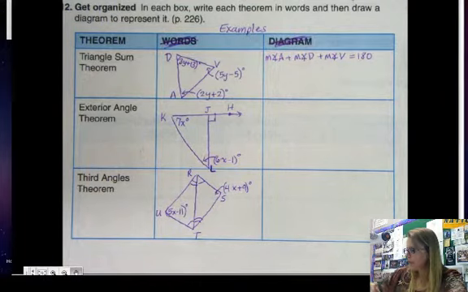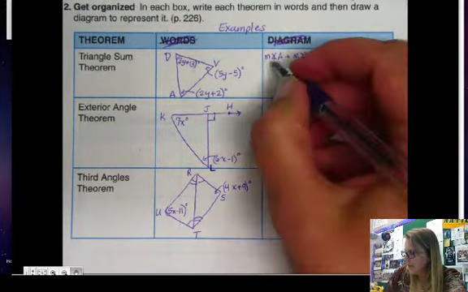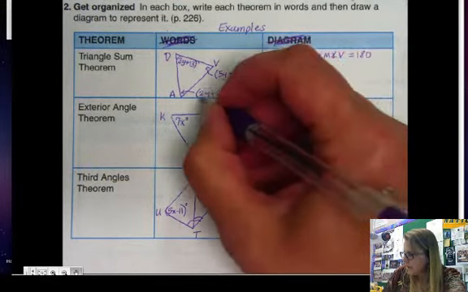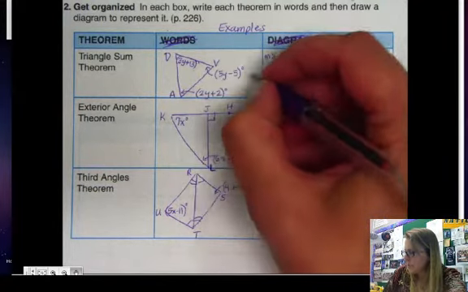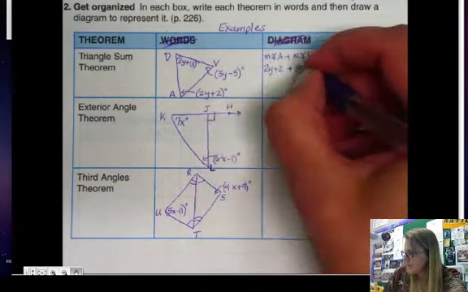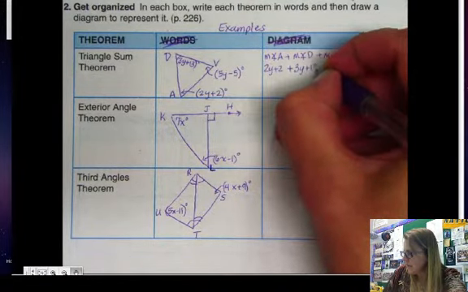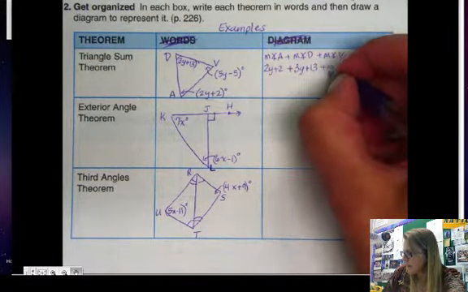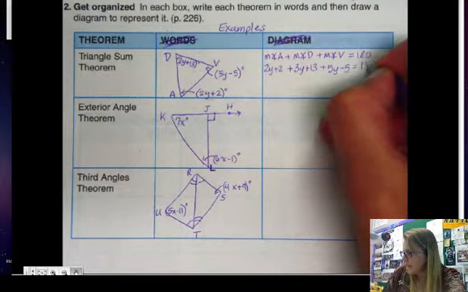So if I plug in what I know, A is 2y plus 2, plus D is 3y plus 13, plus V is 5y minus 5, equals 180.